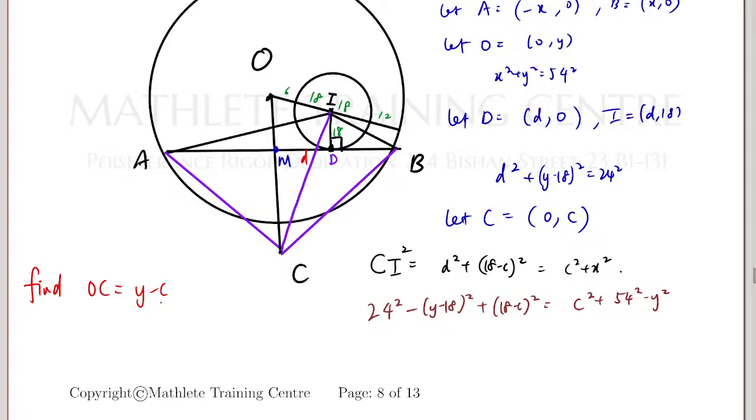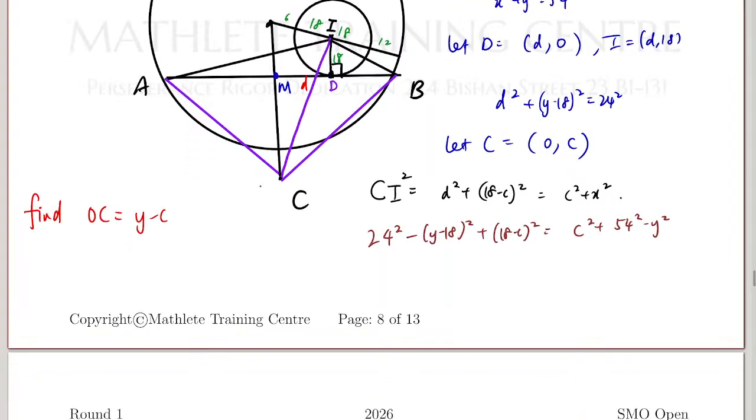But very nicely, actually, you can find y minus c because of the fact that if you expand out, okay, let me see what I can do here. So if I expand out, I can firstly throw the 24 squared over, like that. And then on the left hand side, when I expand this 18 squared and this 18 squared, they'll cancel each other out because of the subtraction. You have a minus y squared, a plus 36y, a minus 36c, a plus c squared.